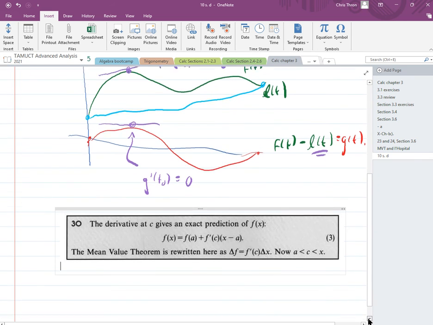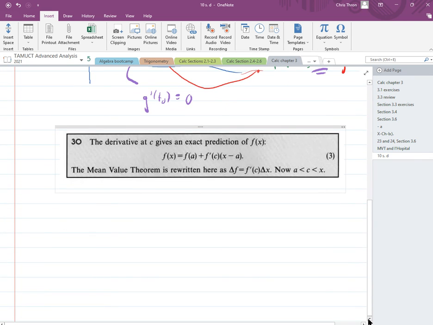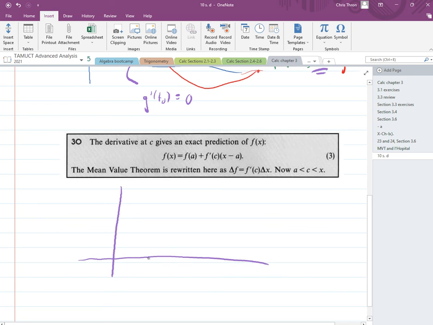So let's draw a picture for what's actually going on here. Here I have my a and my x. Let's say a is here and x is here. Actually, x could be below or above. We typically draw it above, but it could be below. So here I have f of a and f of x, and just to make things different, I'll put f of x down here.